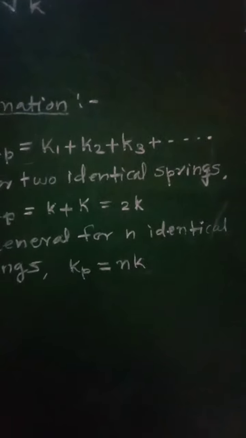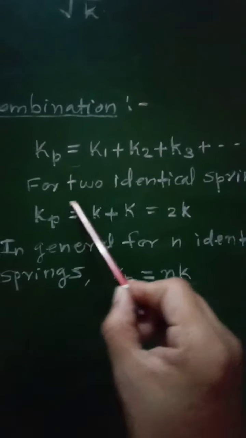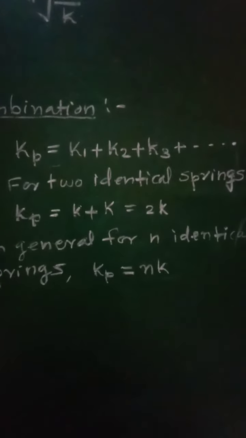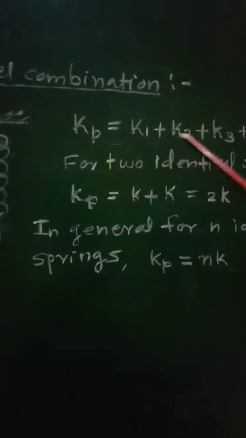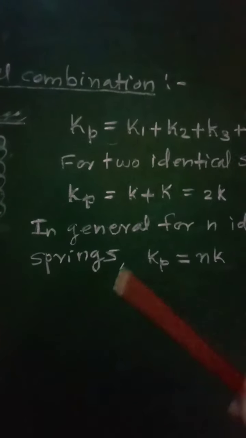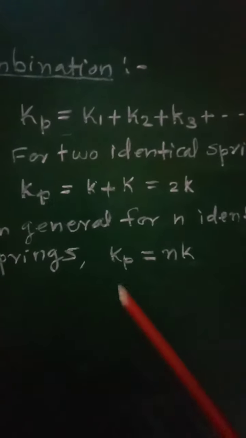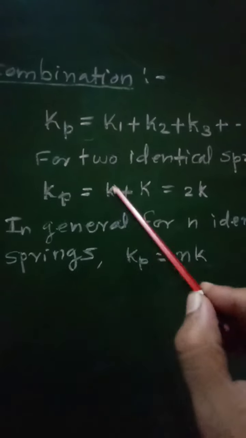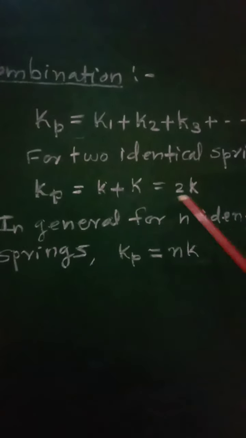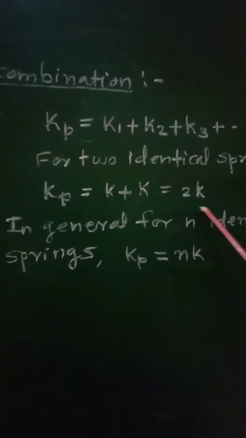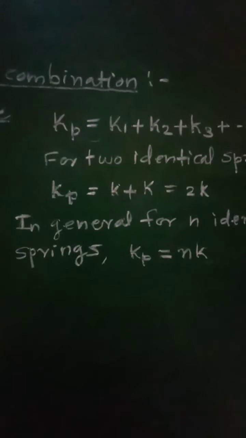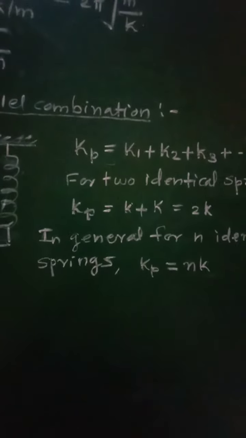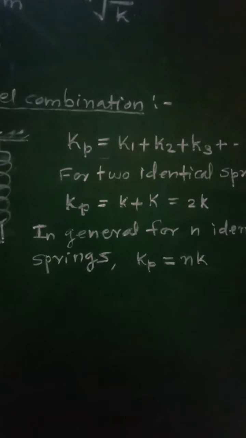For two identical massless springs, K1 equals K2 equals K, their force constants being the same, and therefore Kp equals K plus K equals 2K. This is the relation for the effective force constant for the parallel combination of two identical massless springs.